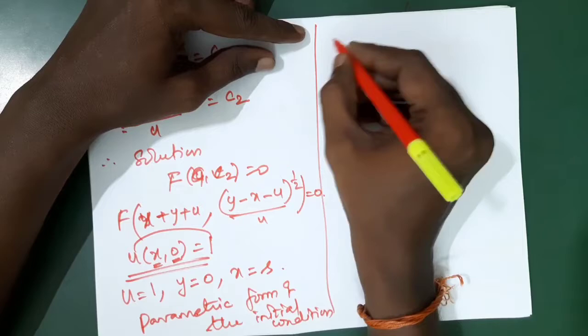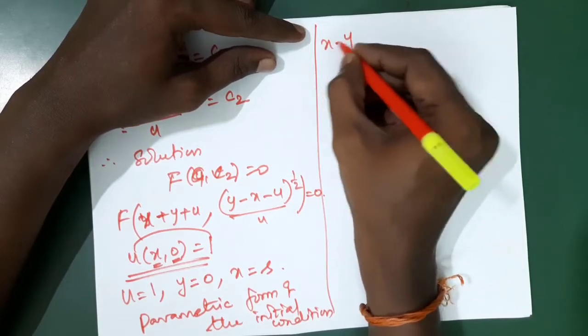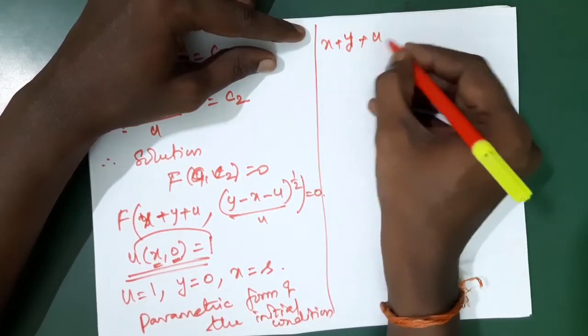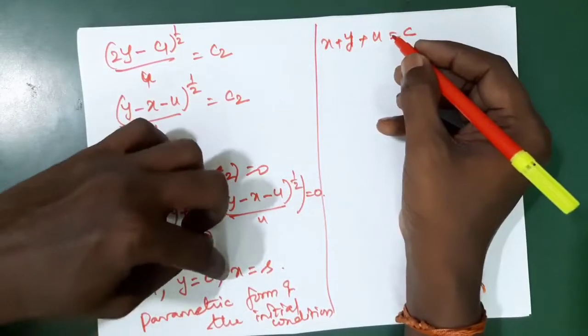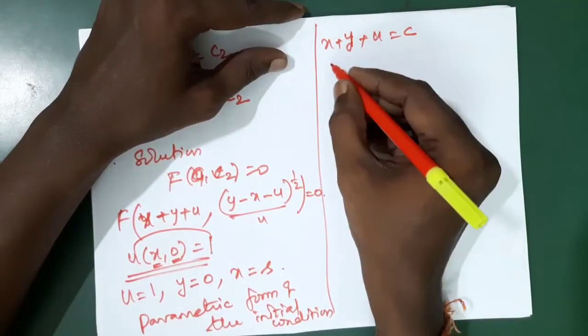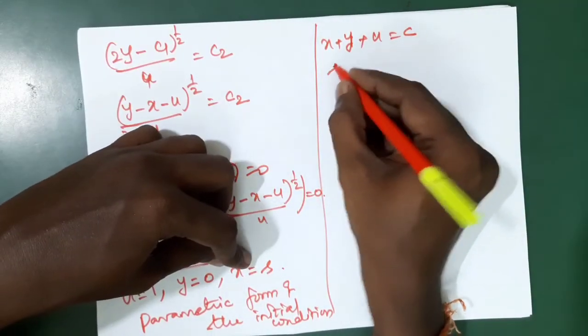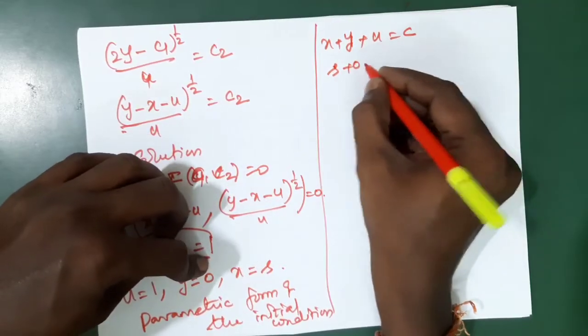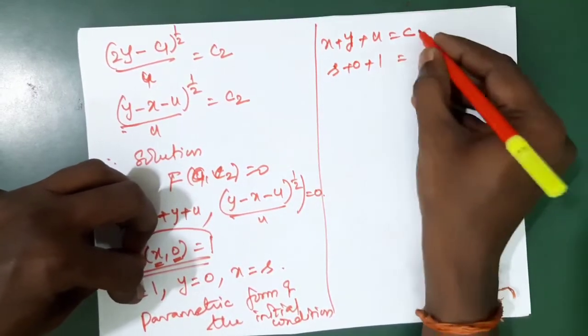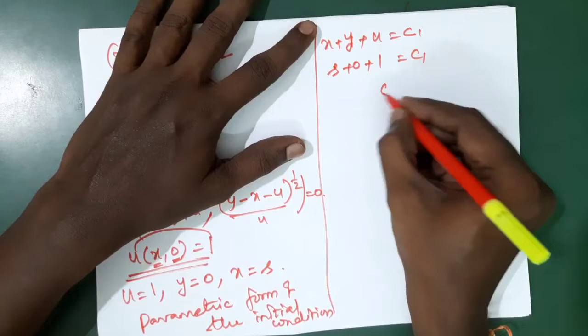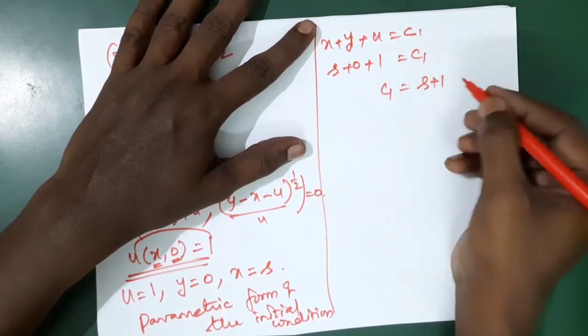So using this parametric form, we have to find the relationship between C1 and C2. So from the first one, what you have, x plus y plus u is equal to C1. You substitute these parameters. So x is equal to s, s plus 0 plus 1 is equal to C1. So C1 is equal to s plus 1.